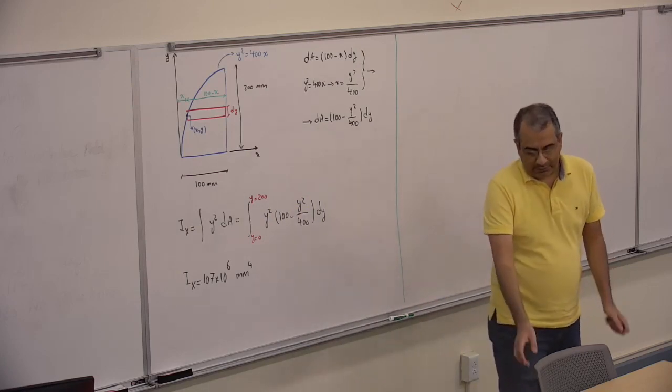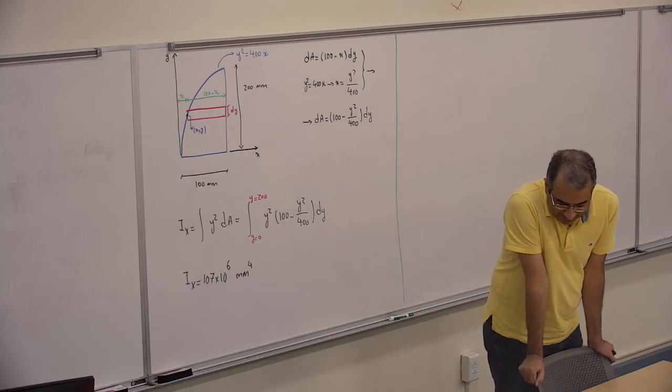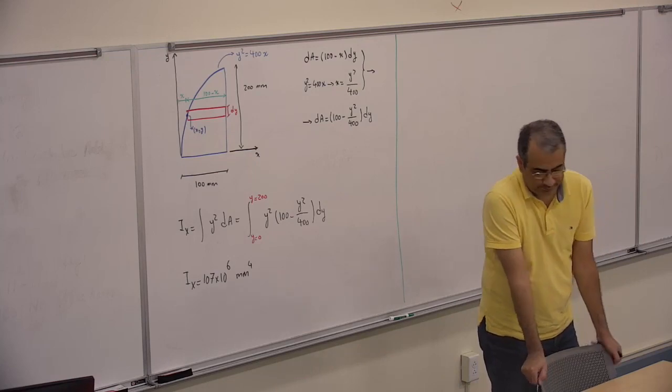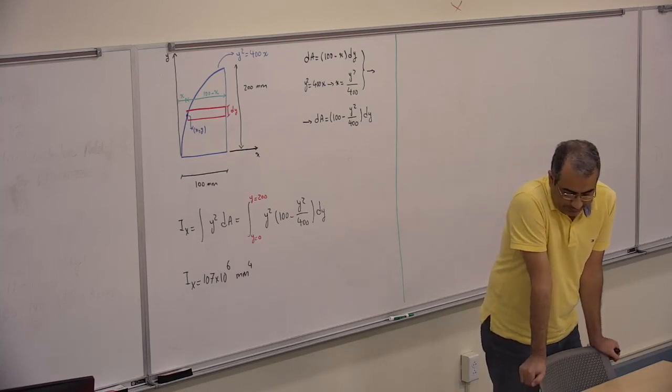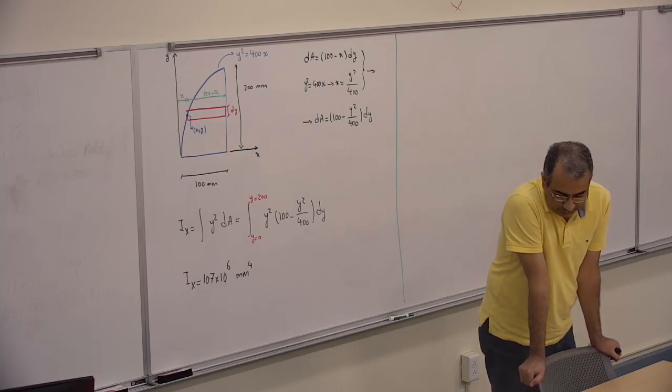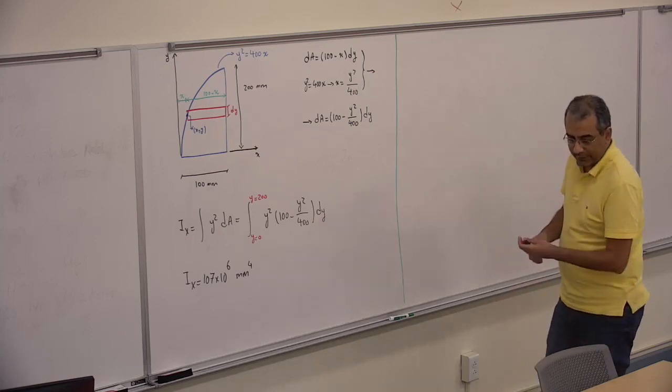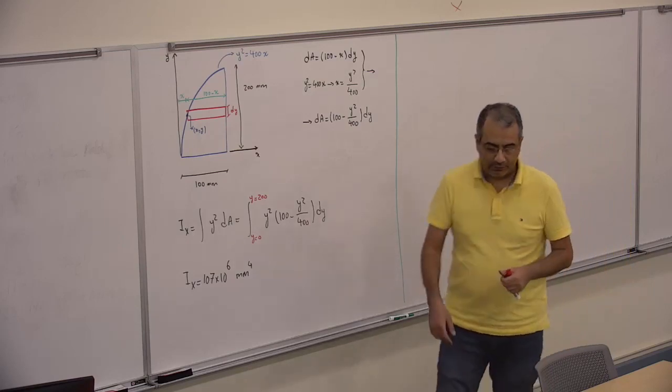Next example is asking, what's the moment of inertia for the circle about the axis that passes through its center? So if I have a circle, see if I can draw a circle.